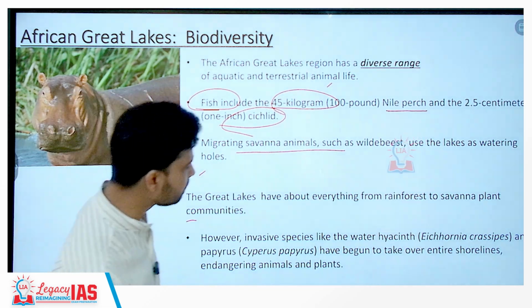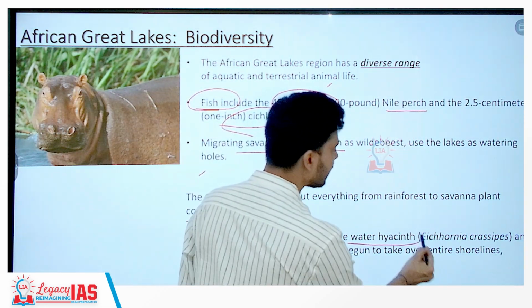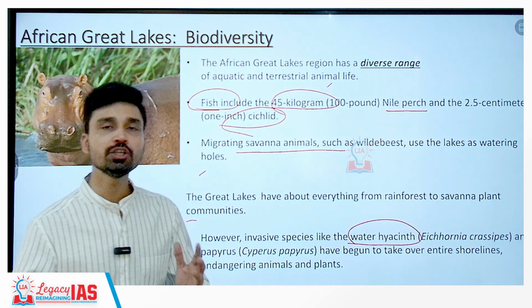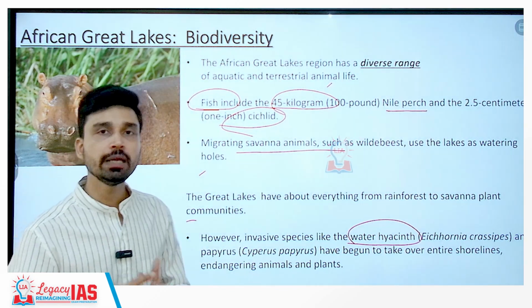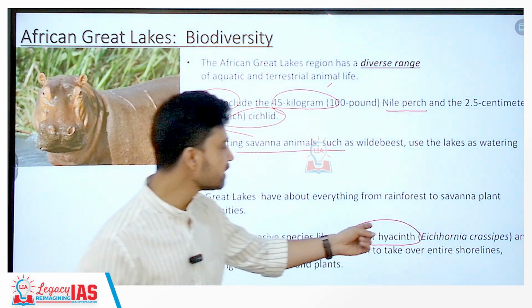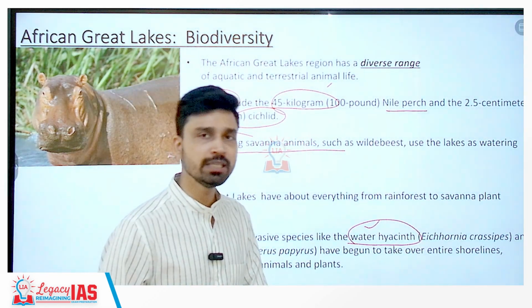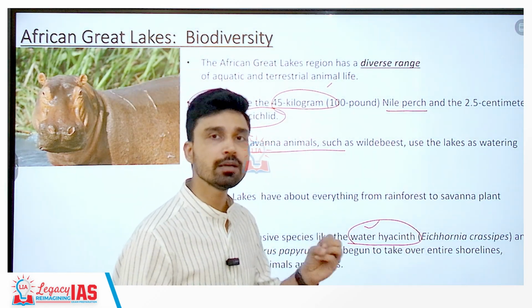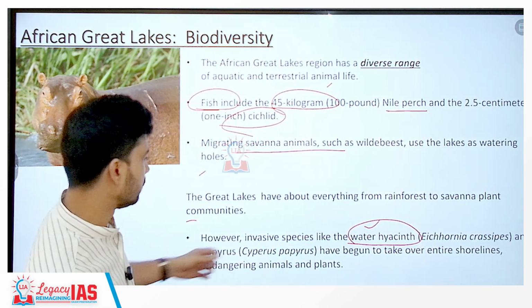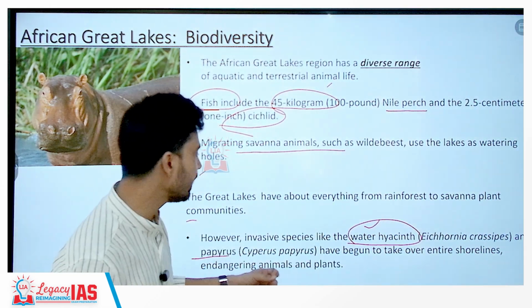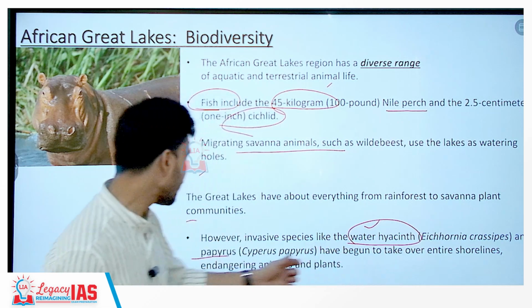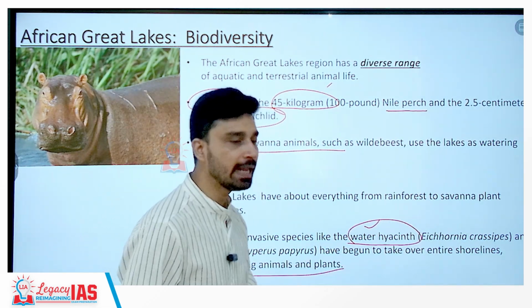However, invasive species, especially the water hyacinth, are also one of the major problems in India. Actually, in West Bengal especially, water hyacinth has invaded almost all the major water bodies, and that is why it is also called the terror of Bengal. So, water hyacinth, then we have papyrus, they have begun to take over the entire shoreline, endangering animals and plants.